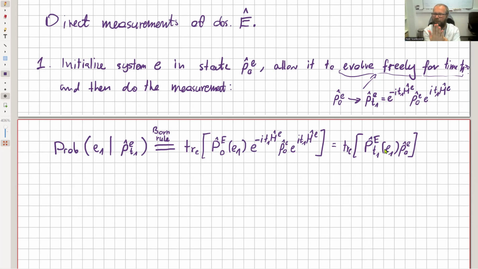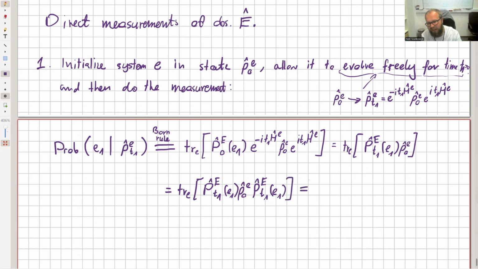I can take a projection operator and turn it into a square, and then use the cyclic property to move the other one wherever I wish. So this actually equals trace P_E(T1, E1) ρ_E(0) P_E(T1, E1).